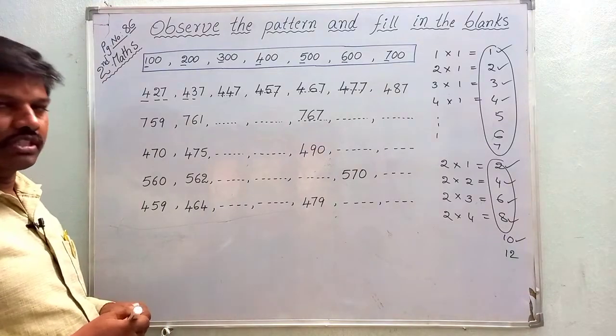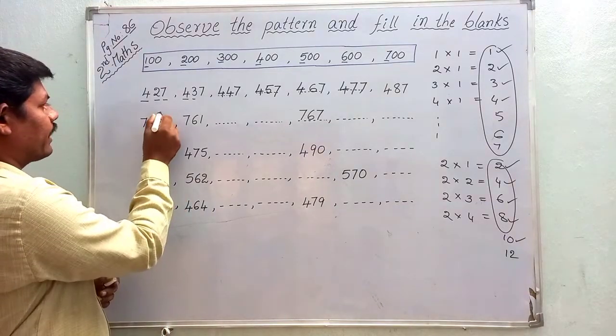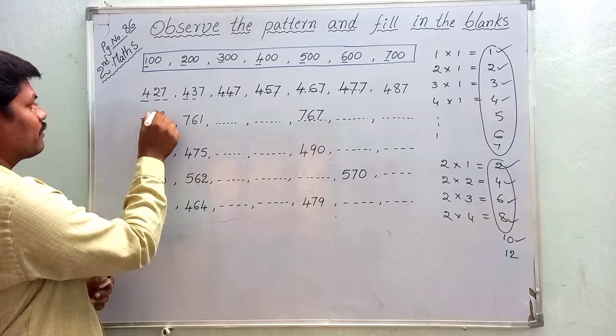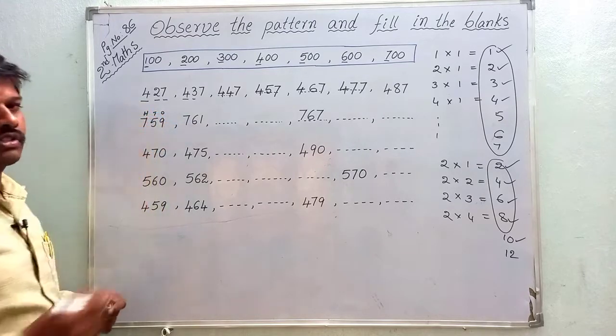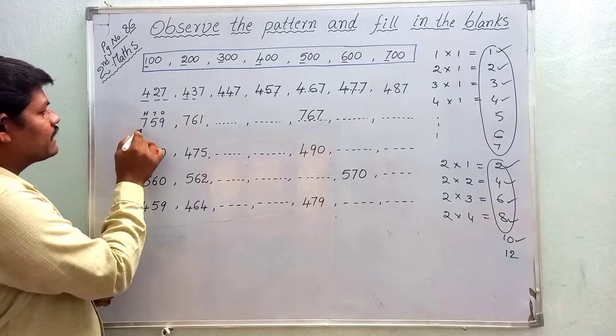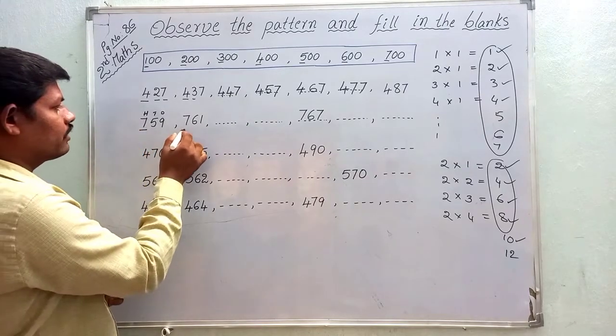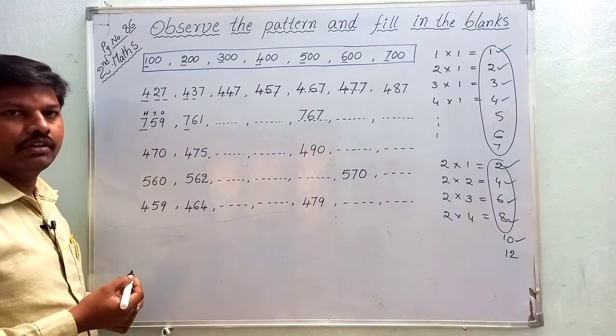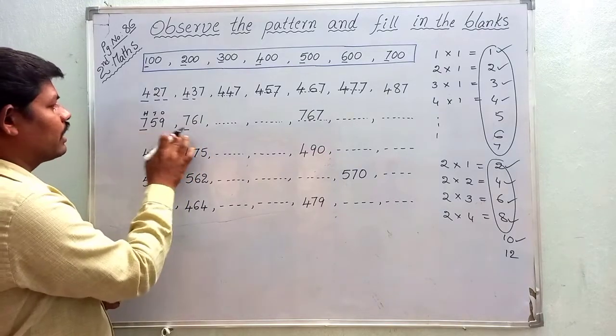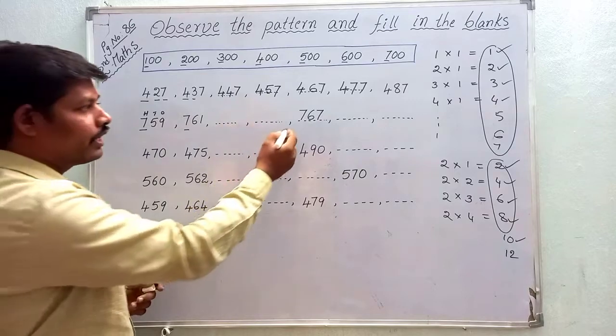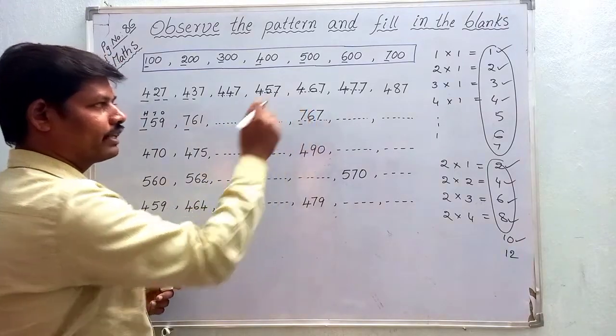Observe ones place. This is ones place, tens place, hundreds place. What is the digit in hundreds place? 7. Here 7. That means hundreds place is same, here also 7.